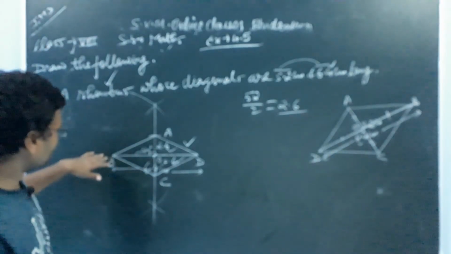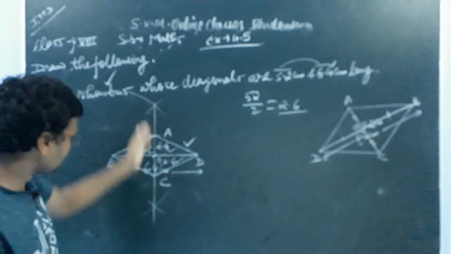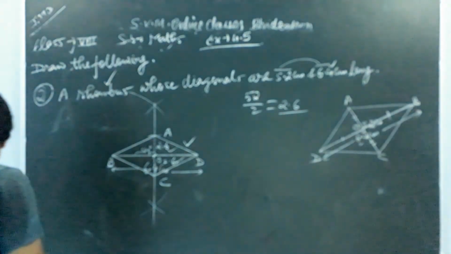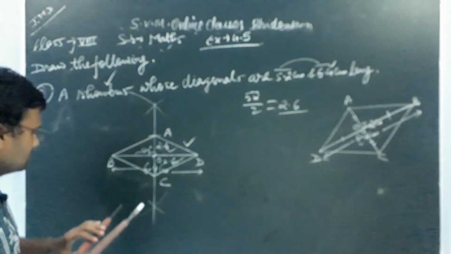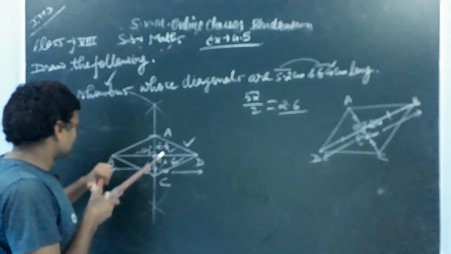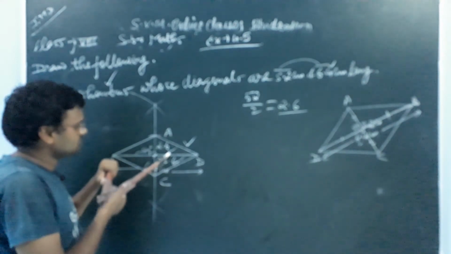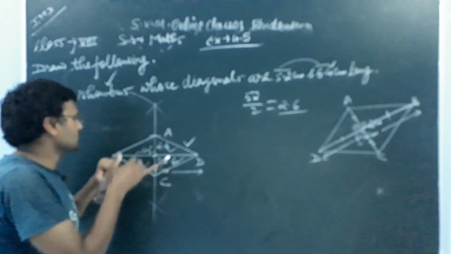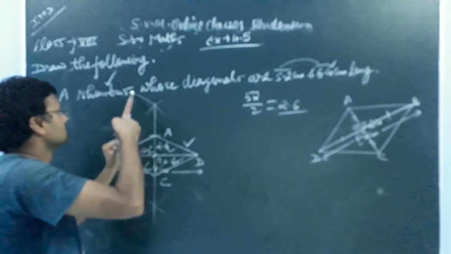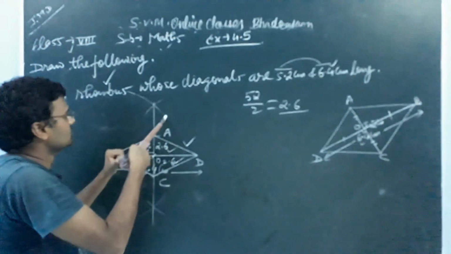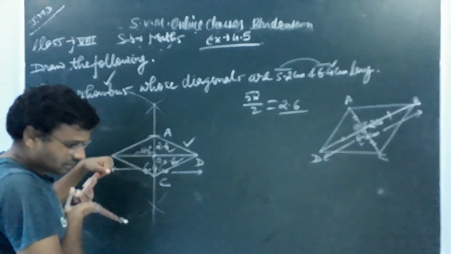What I have done is I have drawn BD, which is 6.4 centimeter, and then bisected it. The concept of bisecting: I take this point as center and take a distance just bigger than half of BD, and draw one arc on the upper side and another on the other side.